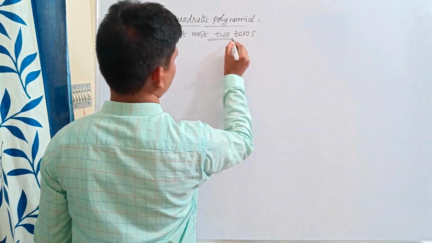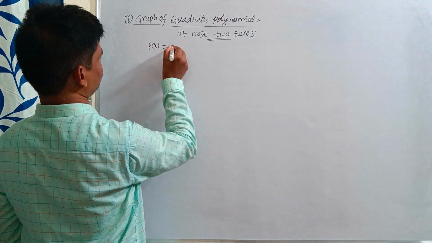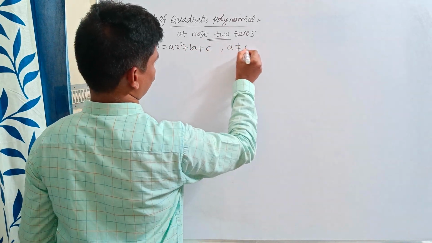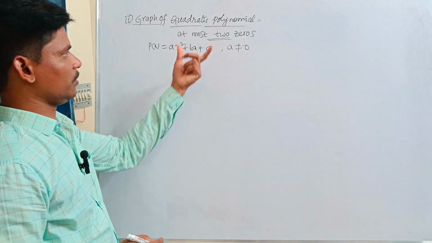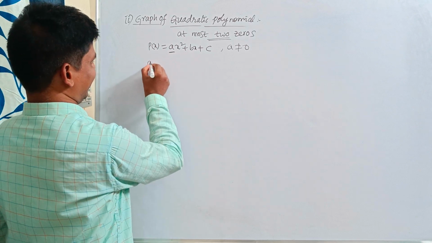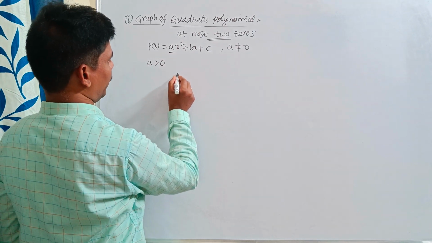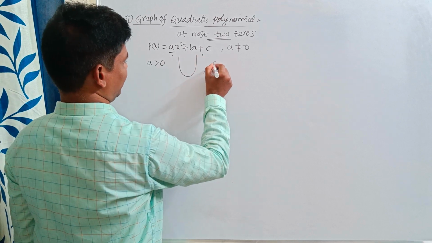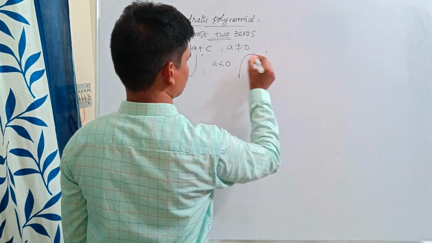At most 2 zeros. So in general, a quadratic polynomial p of x is equal to ax square plus bx plus c, where a is not equal to 0. The graph of the quadratic polynomial: when a is greater than 0, it opens upwards, and when a is less than 0, it opens downwards.